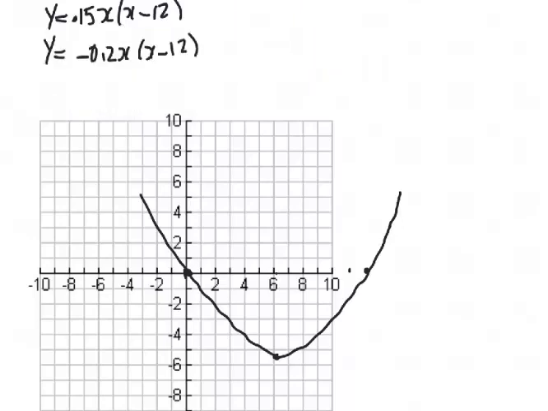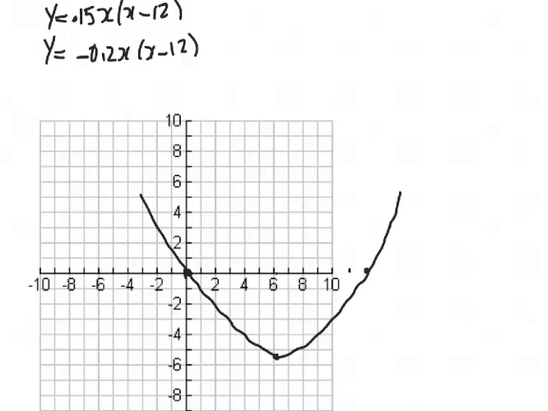The next example, we have to plot y equal negative 0.2x times x minus 12. We do the same thing. We have to find the x-intercepts, y-intercept, and the vertex. The x-intercepts here are the values of x that make y equal to 0.